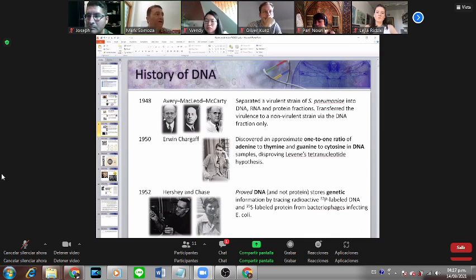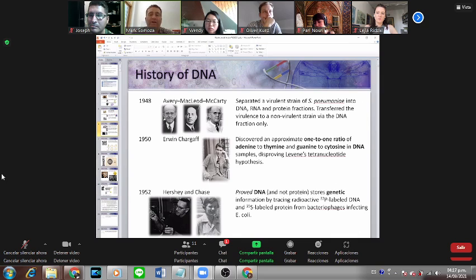So in 1950, Erwin Chargaff discovered that the previous hypothesis that there is a 1-to-1 relationship between the four nucleobases was incorrect. It's actually a 1-to-1 ratio of adenine to thymine and guanine to cytosine in DNA. Here it says that it's not a disproval of Levene's tetranucleotide hypothesis, but a refinement, actually.